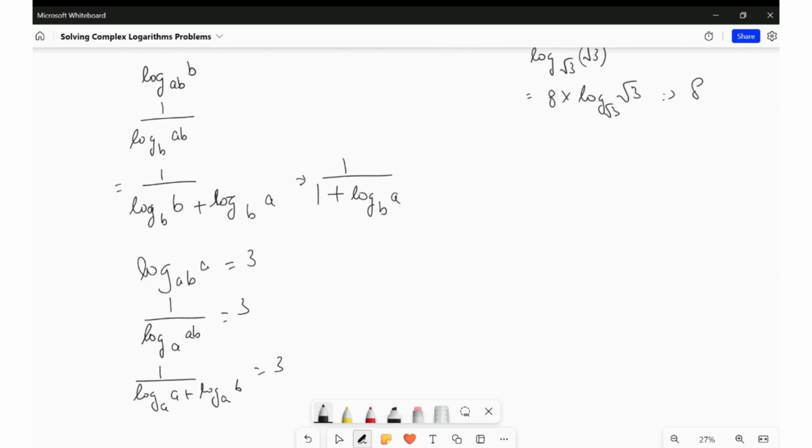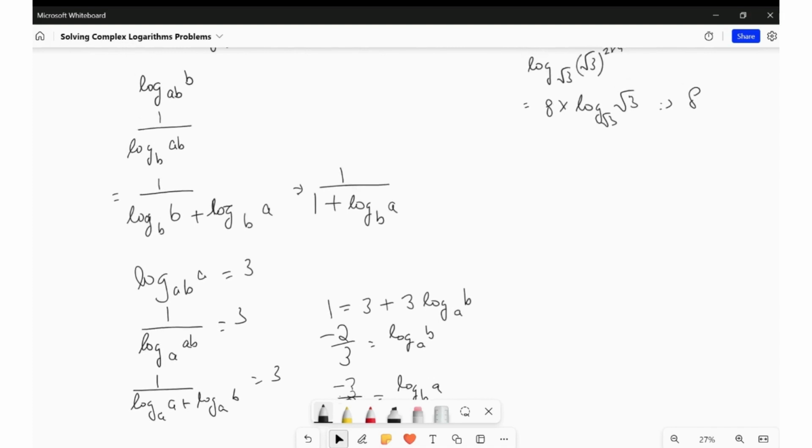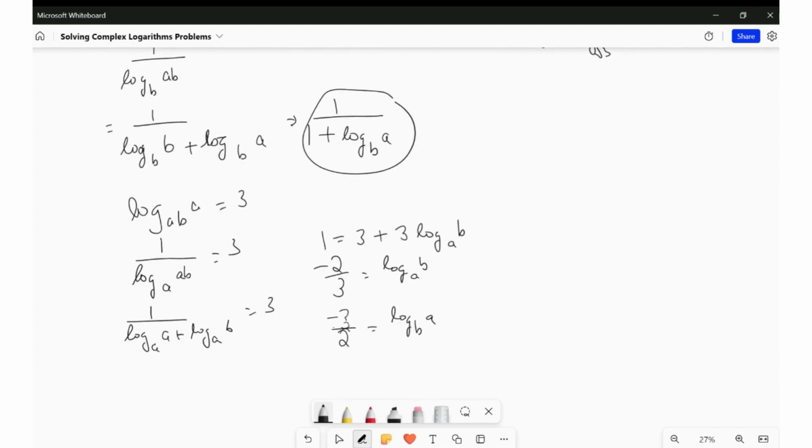The expression becomes 1 is equal to 3 plus 3 log b base a, so minus 2 by 3 is log b base a, and using the same property we will write it as minus 3 by 2 is equal to log a base b. Now we got the value of log a base b. So in this expression which we got here, we'll just take this value and put it in so that the answer should come minus 2.